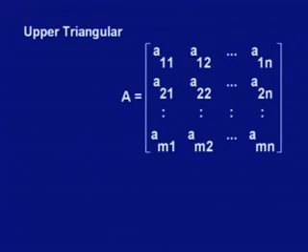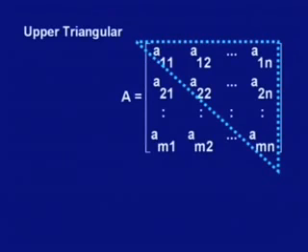Now in this square matrix, if we consider the elements shown in this triangular box, all elements are either on the upper side of the diagonal or on the diagonal.